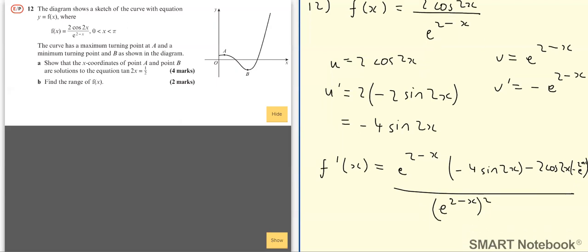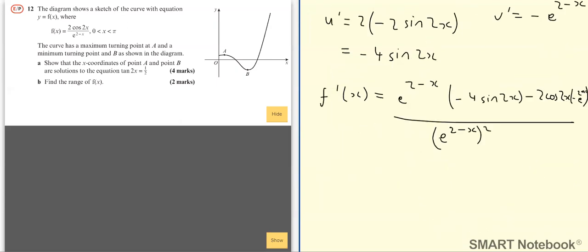I don't really need to worry about the denominator, because if I'm looking at maximum and minimum points, my numerator is the only thing that's going to be equal to 0. So I don't need to waste time sorting out the denominator.